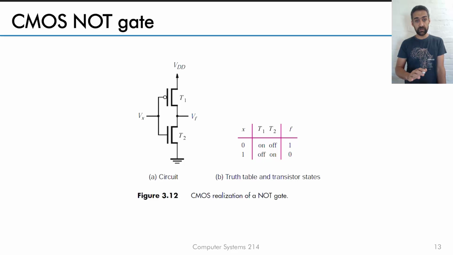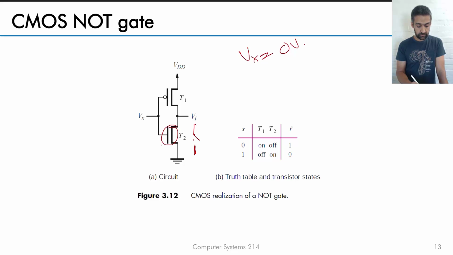So this is an example of a NOT gate. Just looking at the NOT gate, as you can see, we have VDD yet again. We have the ground, we have the output and the input. Now I'm going to just take you through this. If Vx is equal to 0 volts, that means this transistor here will be off, so it's not conducting. This transistor here, because there's an inverter here, it's a pMOS.